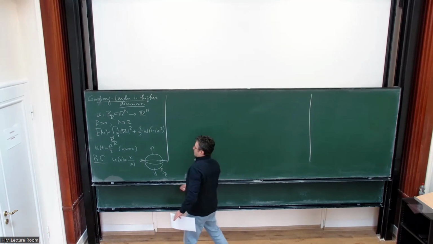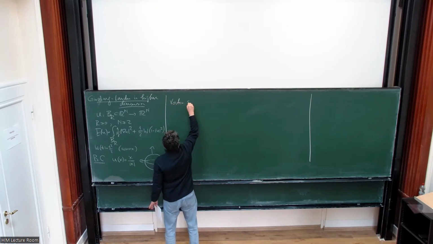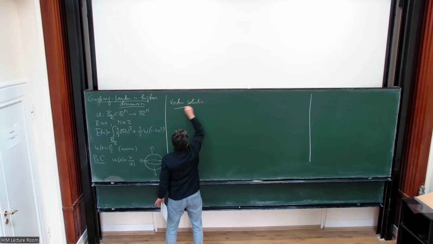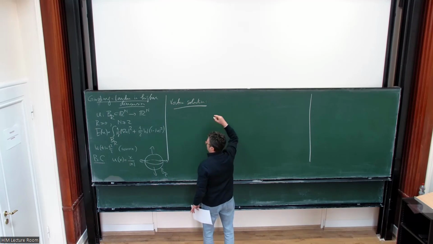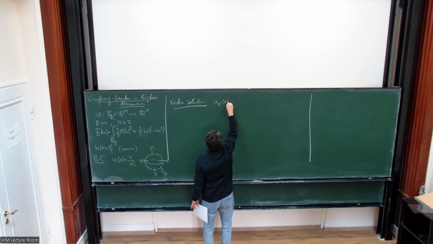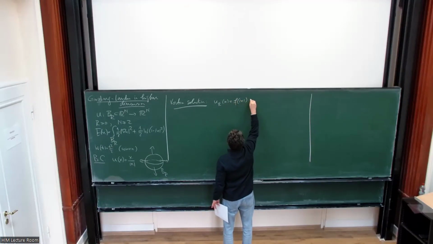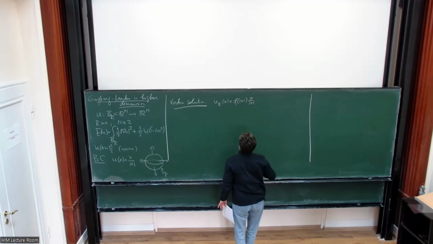Okay. So what is the vortex solution? It has the same structure as in 2D. So let me call it U_R of x, which is f of modulus of x, times x over modulus of x.